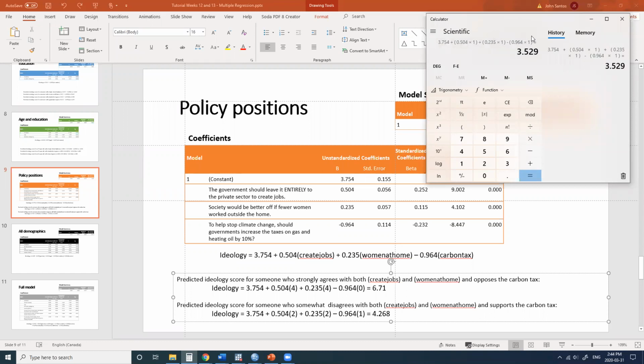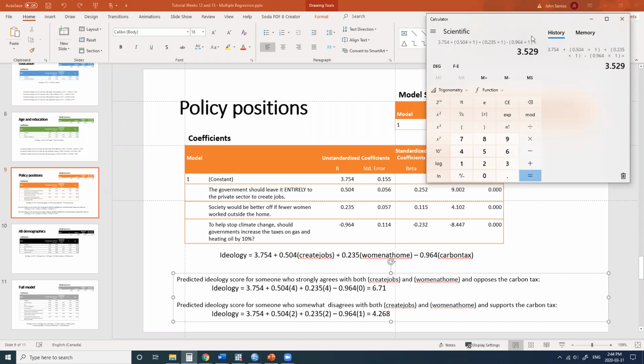Right, so the most left-wing person, hypothetically using this predictive model, would score 3.529, right?